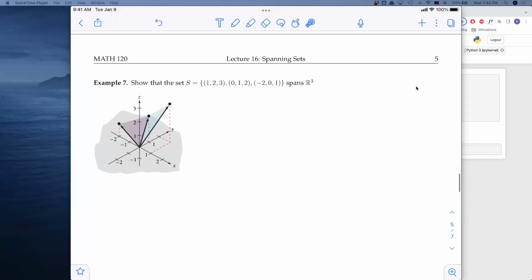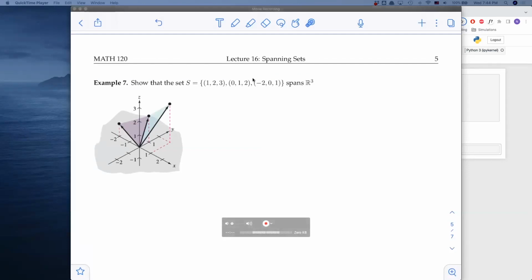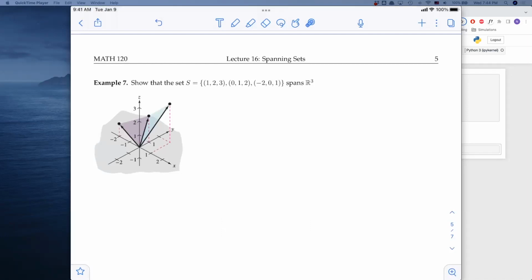Even though in example 3 and example 4 we have the vectors 1, 2, 3 and 0, 1, 2, the third vector now is negative 2, 0, 1 instead of negative 1, 0, 1. So that's a slight difference there, a slightly different number. So this is a different set than the one we considered in example 3 and example 4.